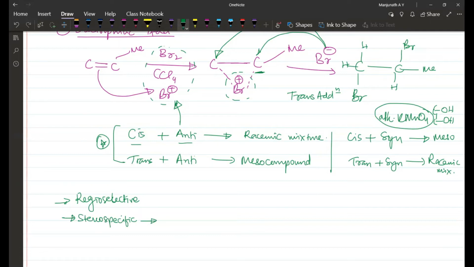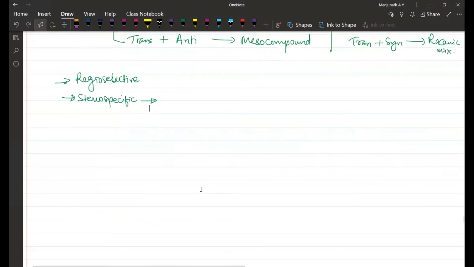So we go ahead. Next, another type of addition is addition elimination. Actually, that's mainly observed in the case of, sorry, extremely sorry, nucleophilic addition. So that is the second type, B, nucleophilic addition reaction.